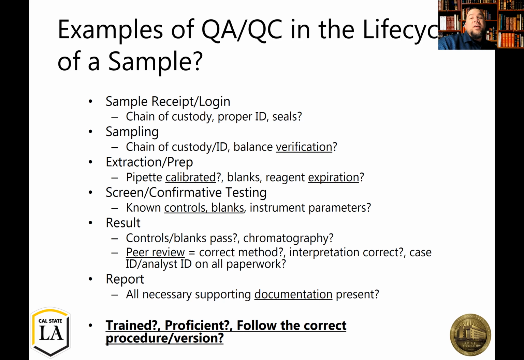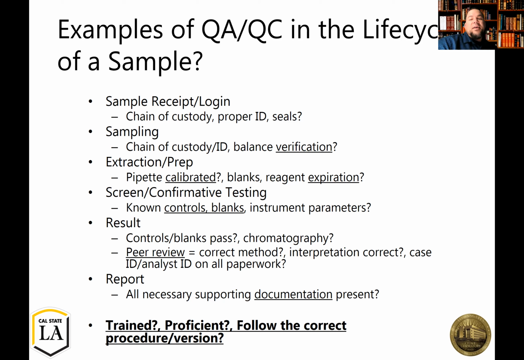If you're going to do sampling of that piece of evidence, typically you're going to weigh out how much you took from the original amount of drug or sample, and you want to make sure that your scale is properly balanced, right? During your extraction, are the pipettes that you use calibrated? Are the reagents that you're using expired or not? These are all parts of this big puzzle, with lots of things to make sure you're documenting and maintaining.